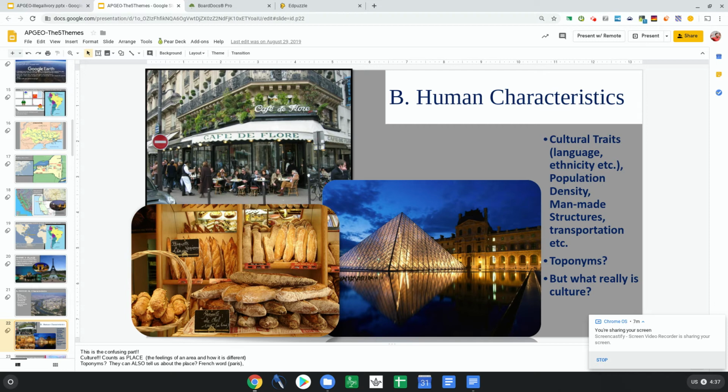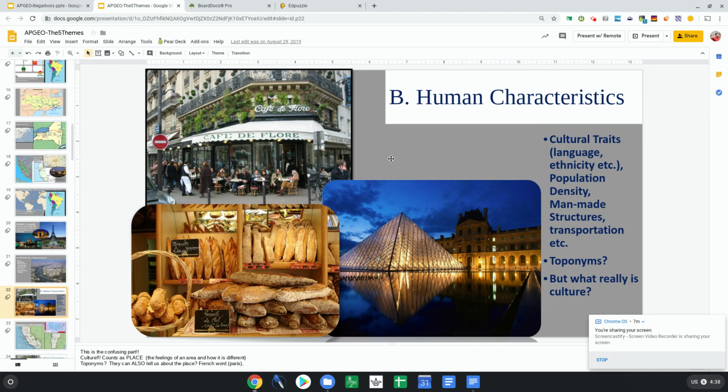That includes man-made structures as well, just like the physical location did, but it also includes transportation, government, people's ethnicity, languages, how people act. In France, everyone sits at the cafe for hours in a day. In America, everyone's busy, busy, busy, trying to get to work, right? We love baguettes and bread and cheese and all that sort of stuff when you visit France. So these are what we call human characteristics, and it tells us a lot about a place. Actually, it creates a place.